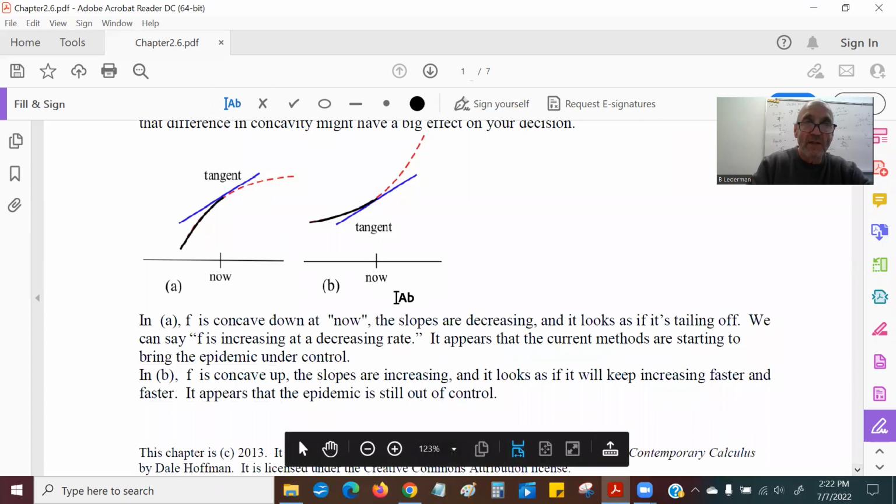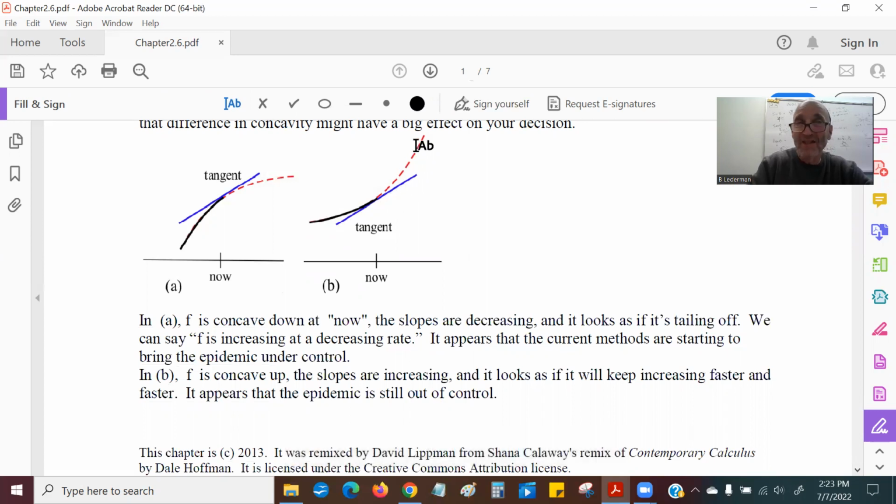As you can see, a concave up function rises, I'm going to say, faster. Now this is concave down. Even though this is rising, it's not rising as fast as that's rising. So if f is concave down, then the slopes are decreasing, like it's tailing off.